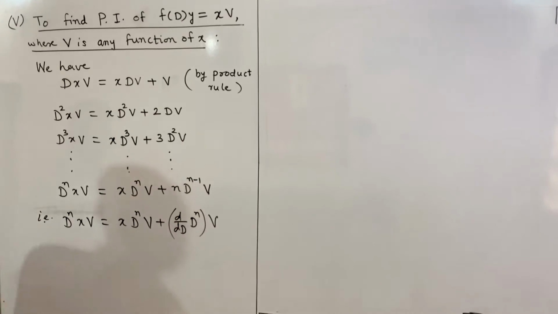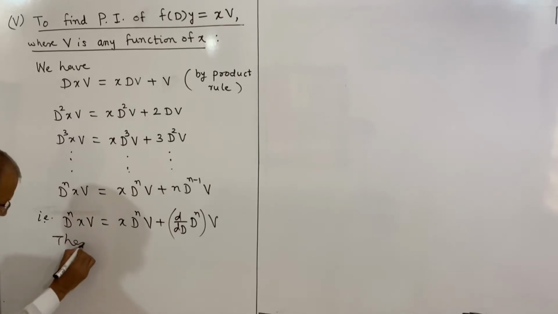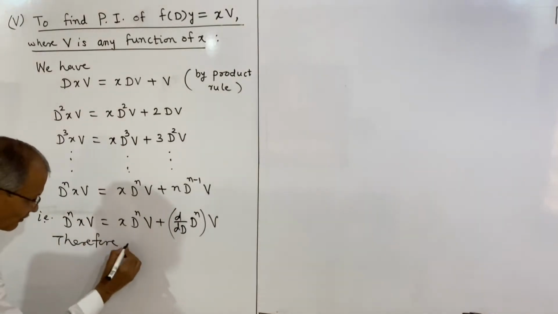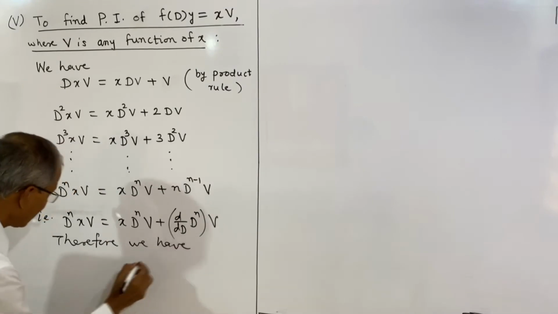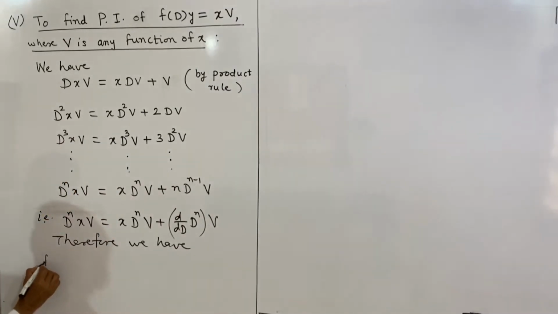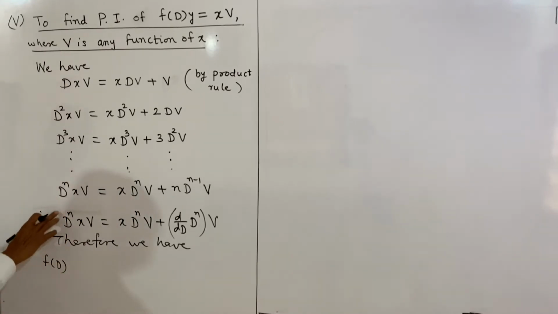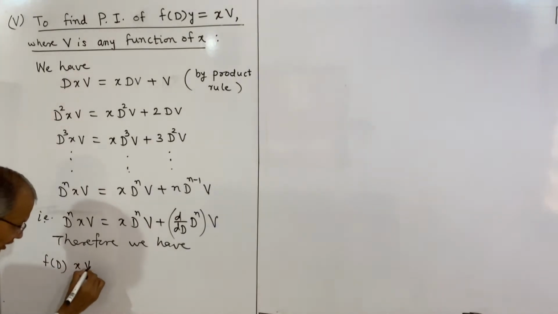And thus we can replace this D power n by any function of D, and in general we shall write that as f of D. This is true for all values of n, D square, D cube, etc., as we have seen here, and thus this will be true for any function of D operated on x into v.